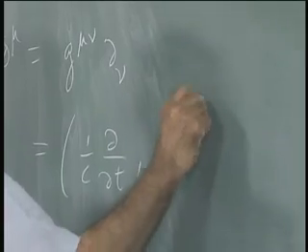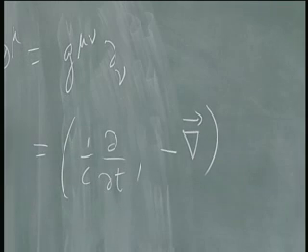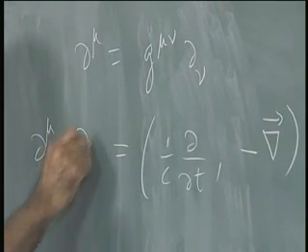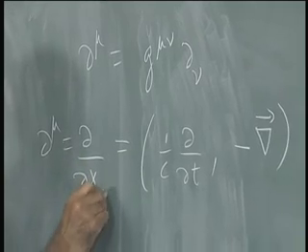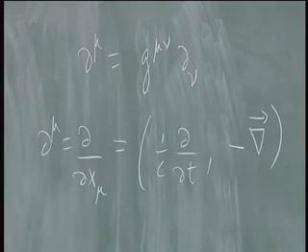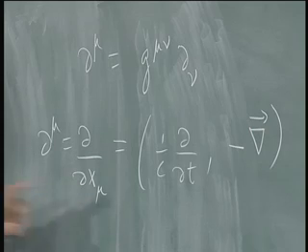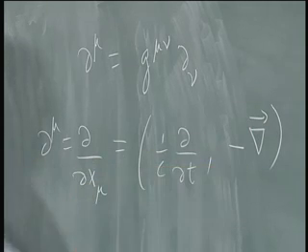You must remember this, this is important, because it says ∂_μ, equal to ∂/∂x^μ with a μ downstairs, is the derivative with respect to the contravariant components, and that has a minus sign here.